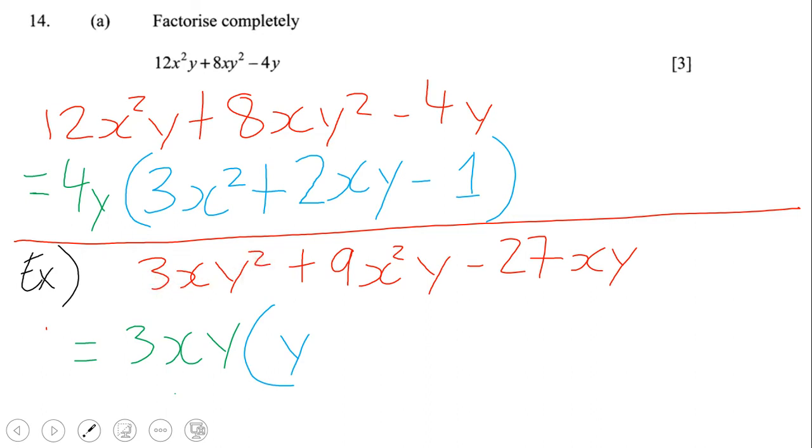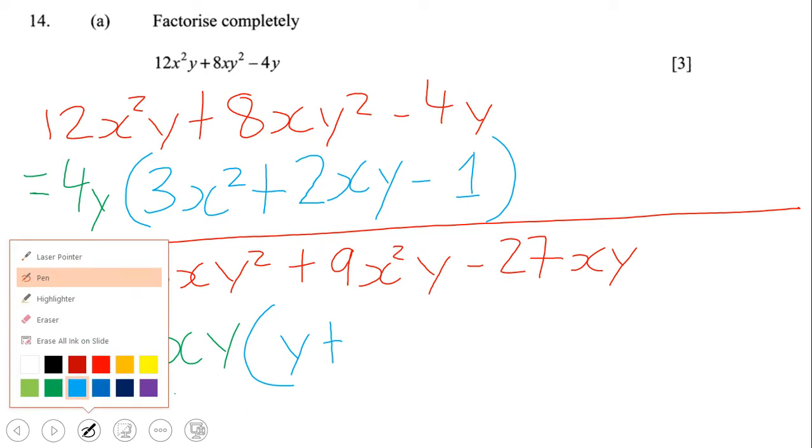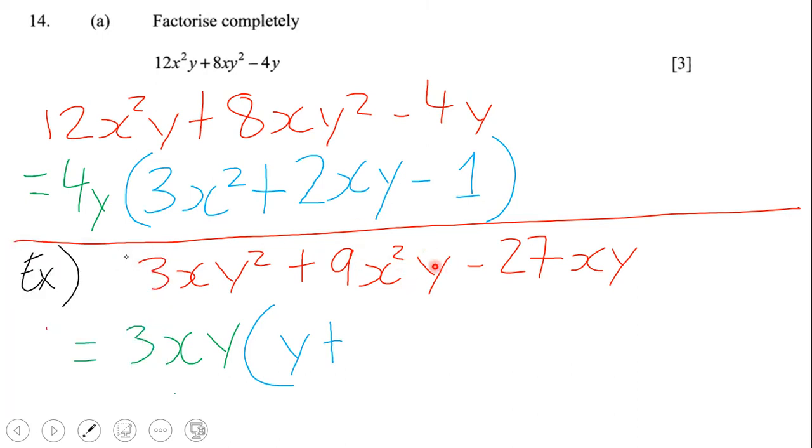But you're trying to get 9 though. No, the first one. Yeah, the first one. So Mr. Petit. Yes, ma'am. I think it is y plus 3x minus 9. Well, let's see. So it's going to be plus. We need 9x squared y. So what we need to do is multiply the 3 by the 3.